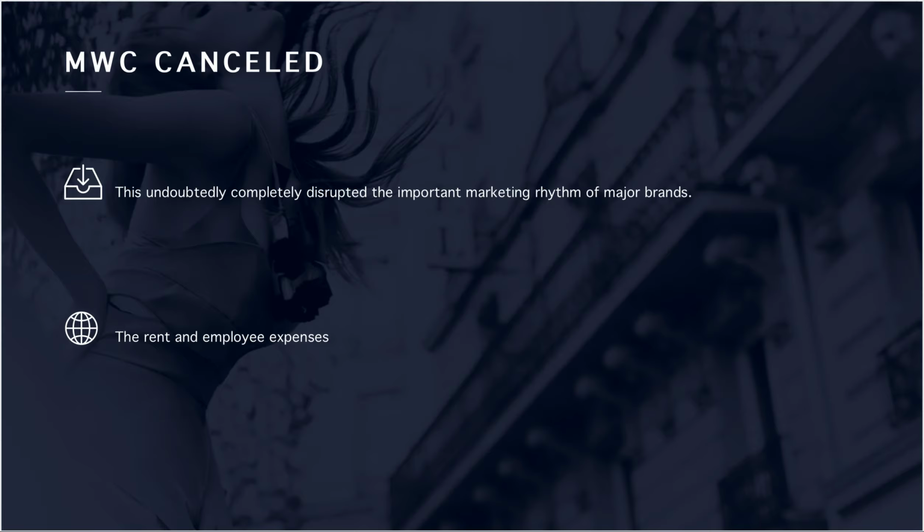At the same time, the rent and the employee expenses need to be paid as normal. Whether it is necessary to selectively close some offline stores or dismiss some employees requires careful decisions by major smartphone manufacturers.